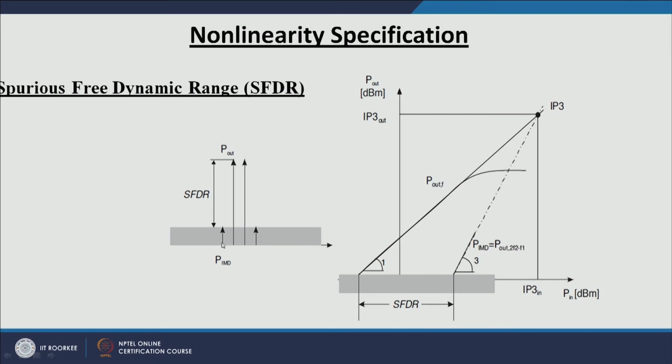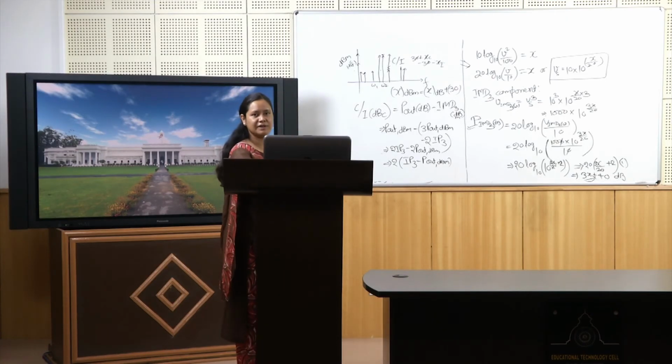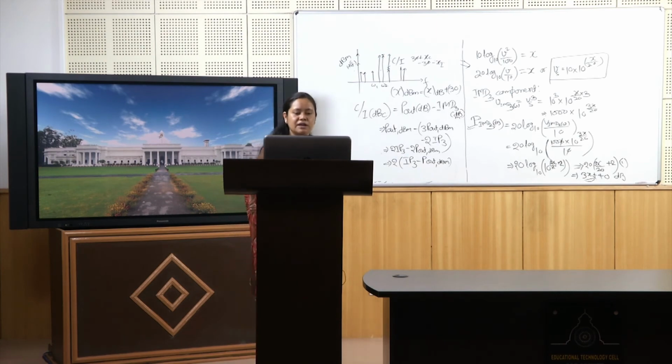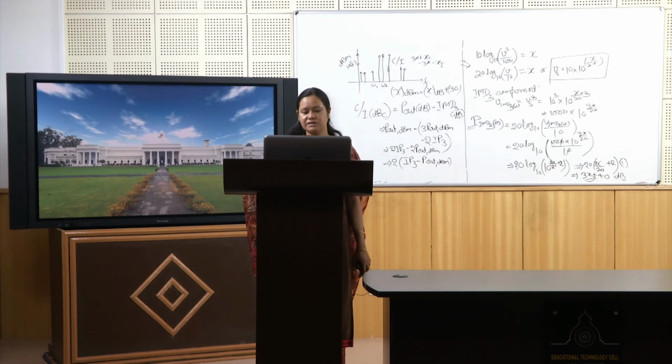If the distortion coming from the IMD is higher than the noise level, then this is called SFDR, and this SFDR will be very much equivalent to C by I if the IMD is prominent. If the IMD is below the noise level, then SFDR becomes actually the peak power to the noise level. This is just a definition, but it appears a lot in the commercial sheets.